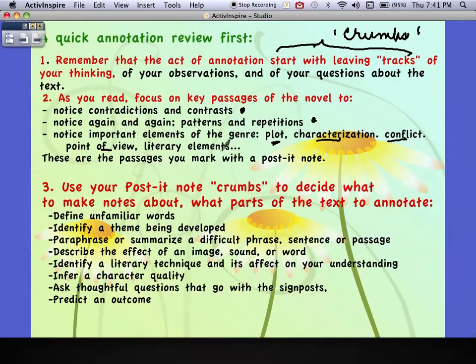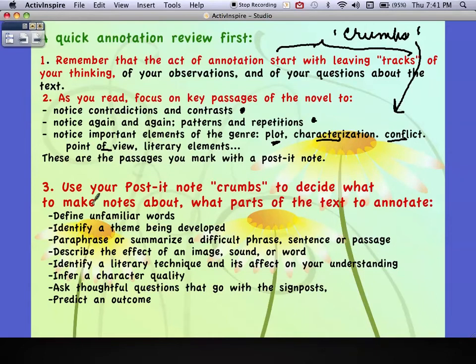You're going to look for literary elements like simile, metaphor, sensory images, symbols, connotation, and denotation. All of these are places where you're going to want to drop a crumb to go back and think about later on.